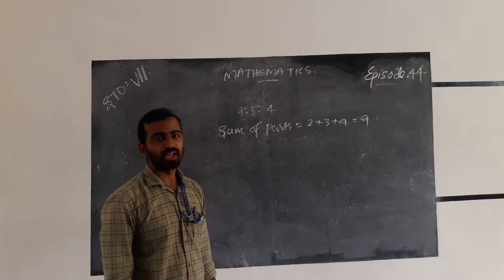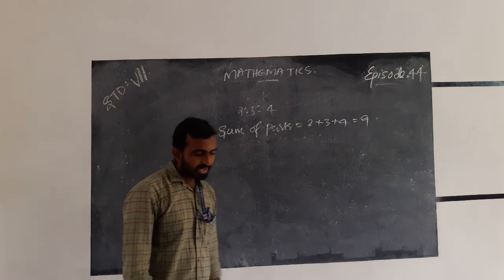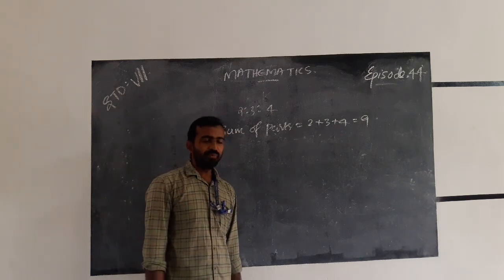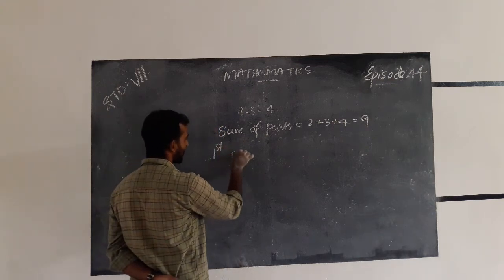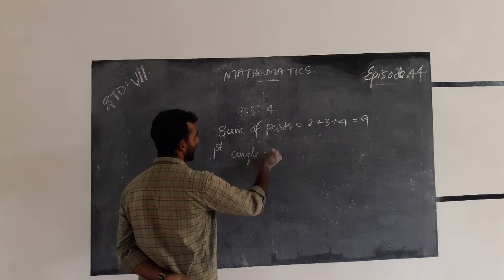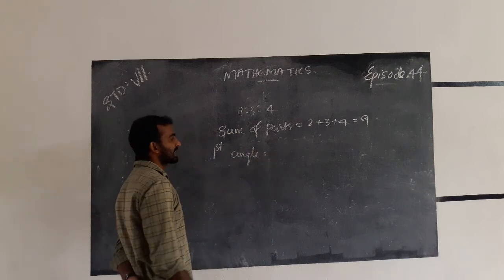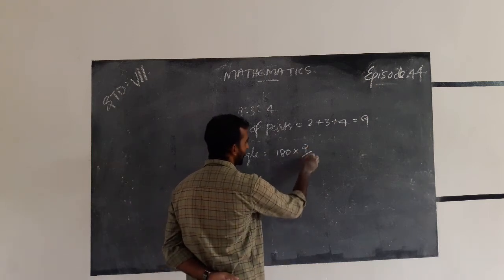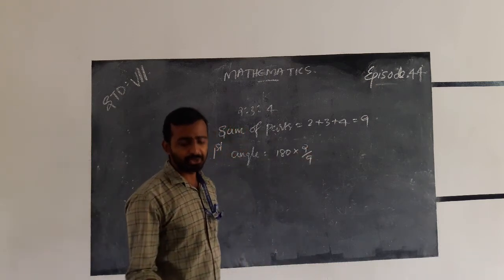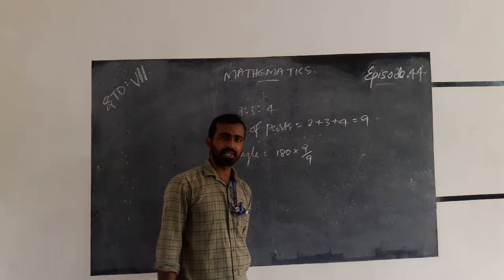Next we take the first angle equal to the angle sum 180 into 2 by 9. Or you can write 2 by 9 into 180.